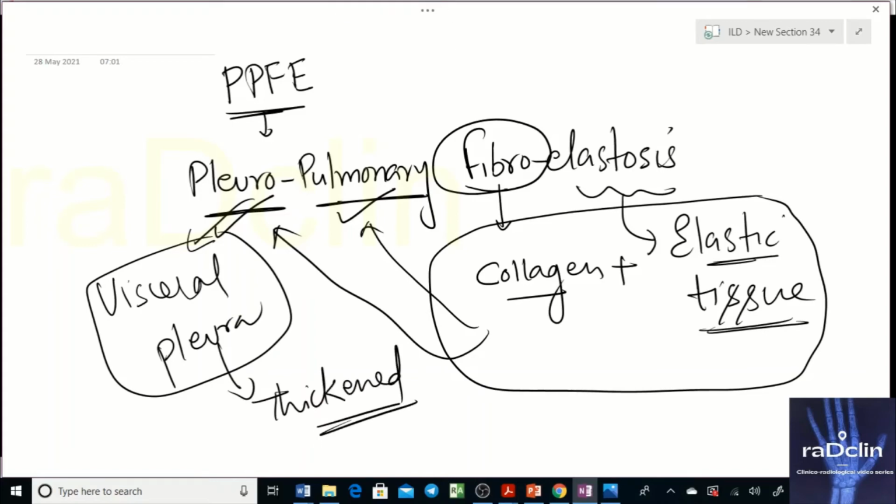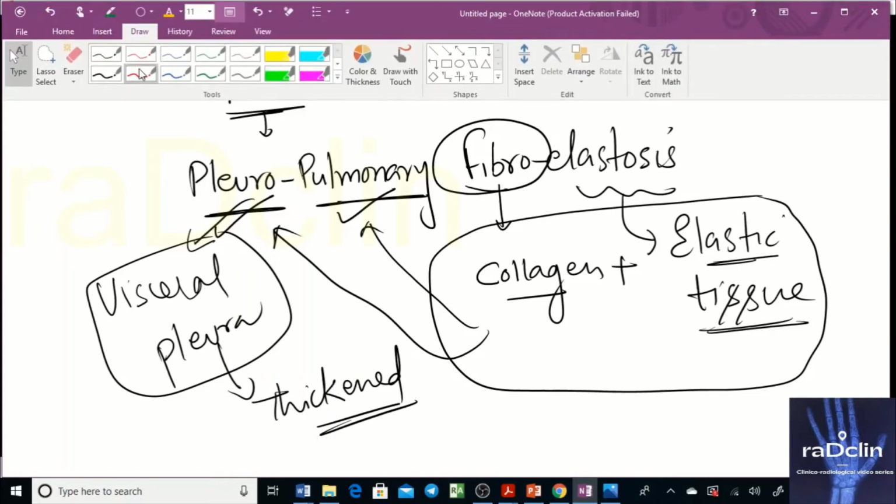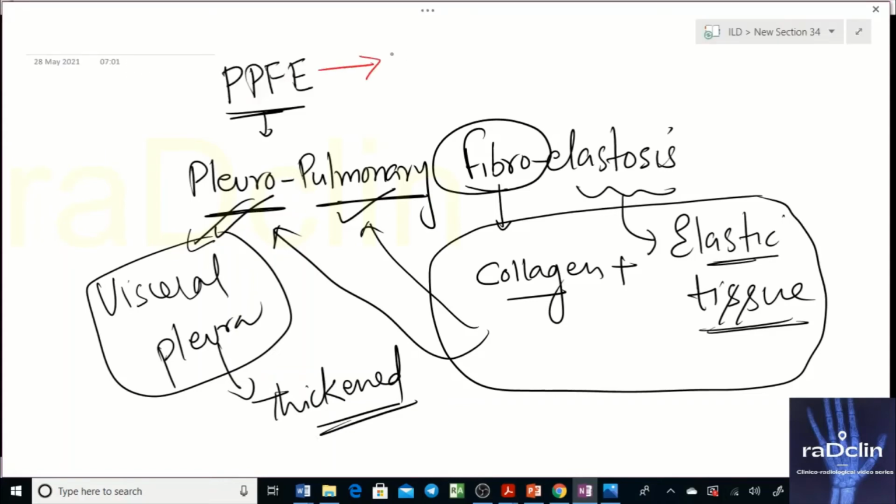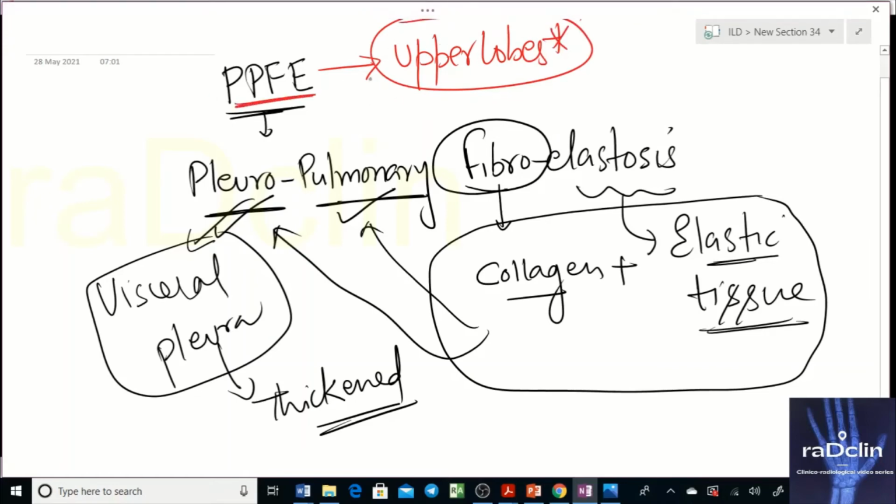And what is the part of the lung that is affected? Those are the important points to be noted down. Upper lobes are affected. Remember this thing. Upper lobes are affected importantly. So you have deposition of elastic tissue and collagen. Now there will be tethering and contraction due to fibrosis, which will cause what?